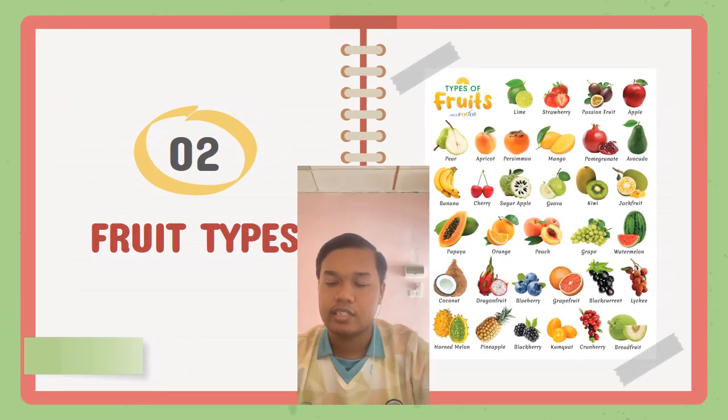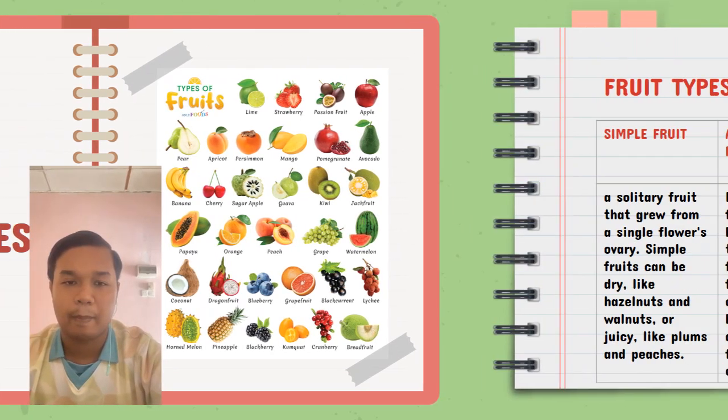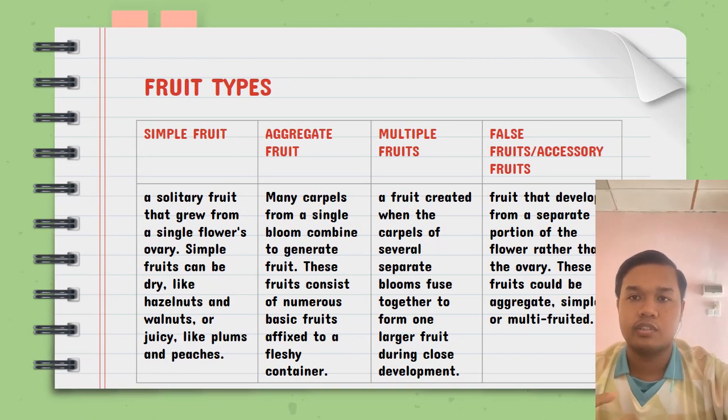In the next slide, I am going to give you the fruit types. There are four fruit types, which are simple fruit, aggregate fruit, multiple fruit, and false fruit. First, I'm going to talk about the simple fruit.